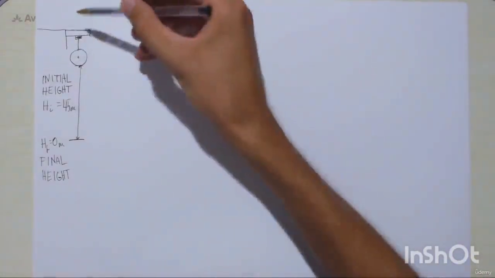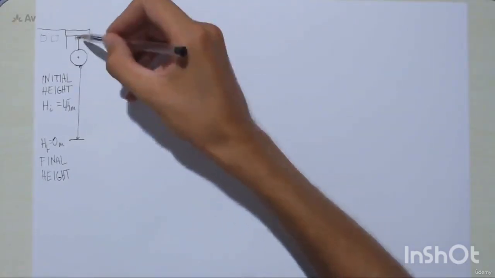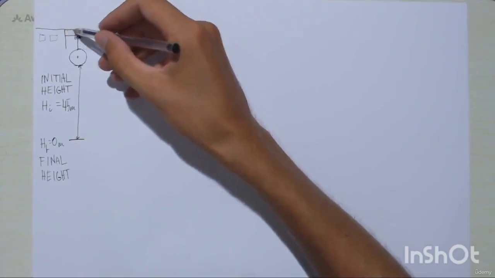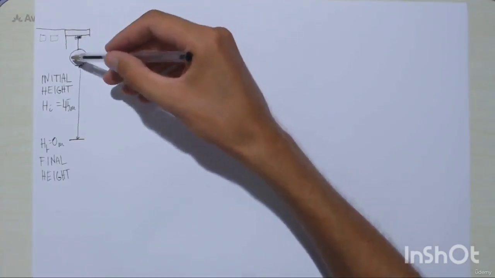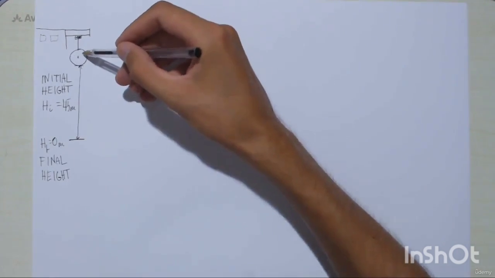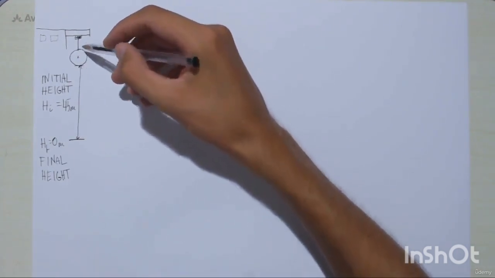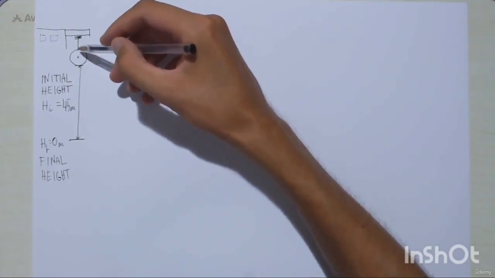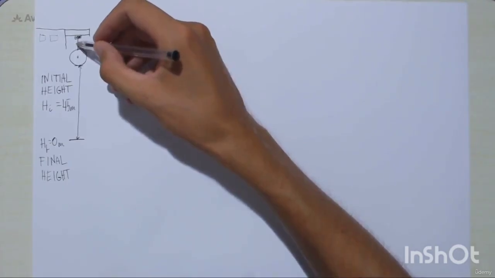Let's say that this is a corner of your house and you have some kind of beam that is put here on the corner of the house, and then from that beam you have some kind of sphere, some kind of object that has some kind of mass. And now here you have a chain that holds the sphere in place, but then something happens and that chain breaks down.